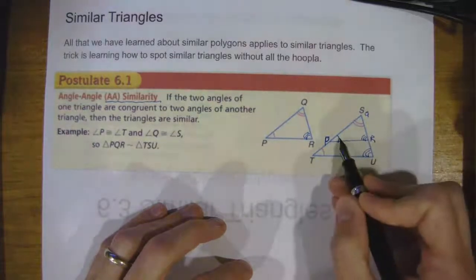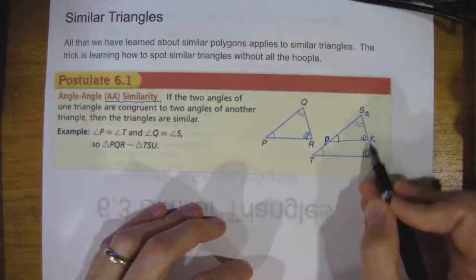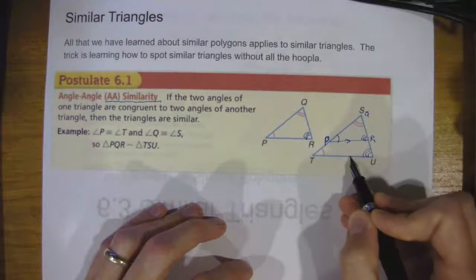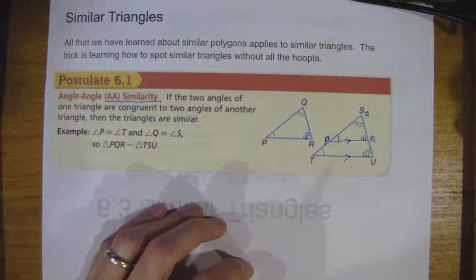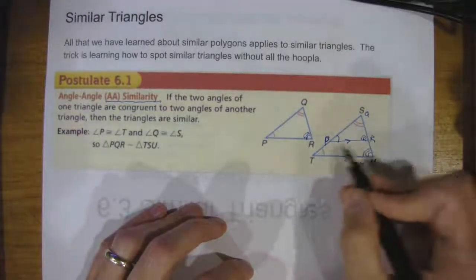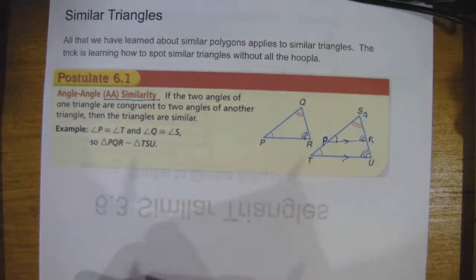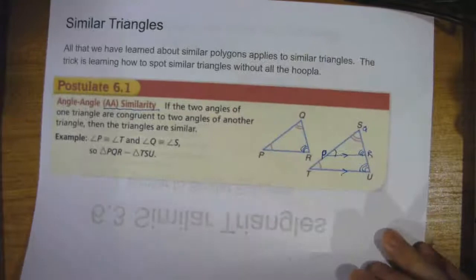And notice we could say the converse of our corresponding angles theorem would show that these are indeed parallel. And then we could simply take measurements from there to show, cool, they have to be similar. So again, just a real quick, simple, informal proof, but it works.